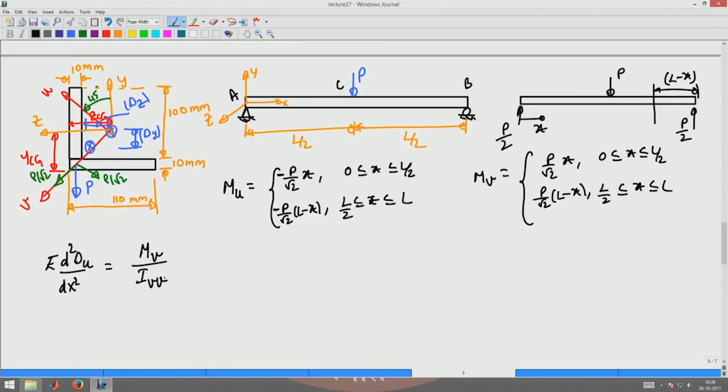Okay, Mv divided by IVV. Okay, now we have to find IUU and IVV. We will do that shortly. And similarly, E times d square delta v by dx square is given by Mu divided by IUU.